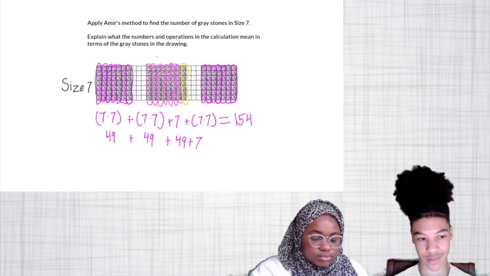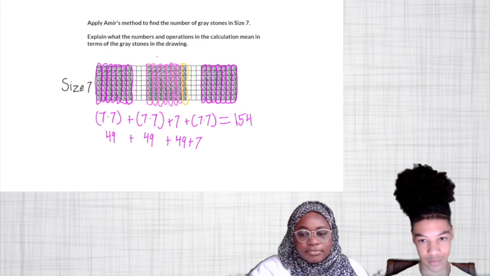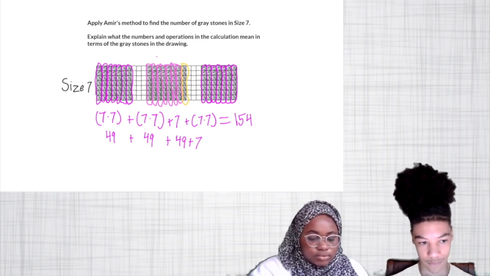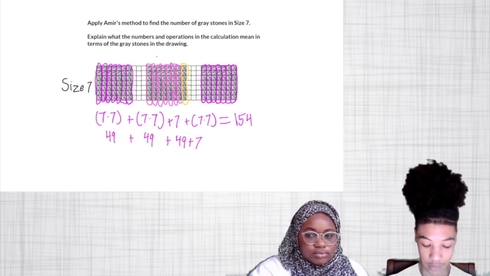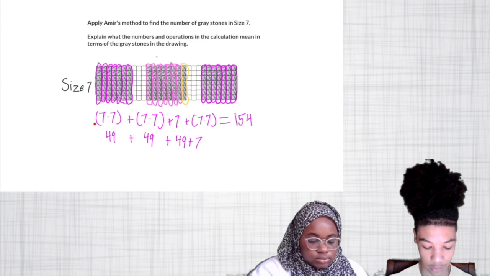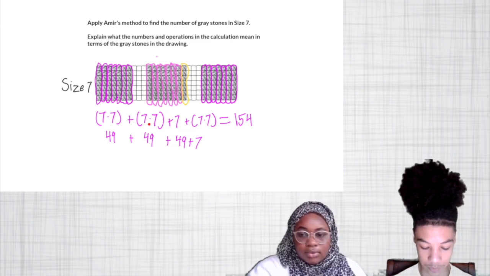Same word, ET, what relationship are you seeing between the size number and some number of stones in the figure? For all of Amir's methods so far, the x would be the size number, like right here. That would be the same as right here. And for all the rest of the equation.